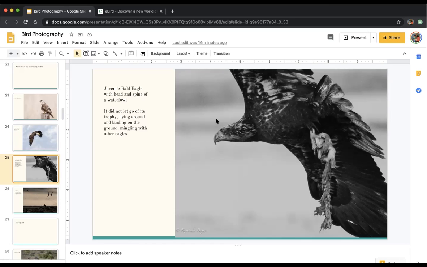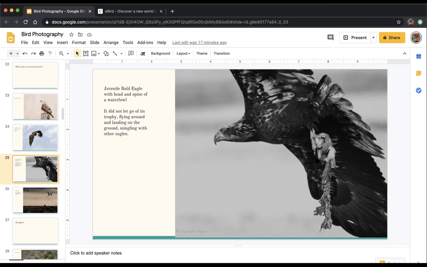Okay. So, and then this is a picture of a juvenile bald eagle. Not everybody might like seeing it, but when you go out and shoot pictures, you're going to see things like this. It is carrying the remains of prey, basically the skull and the spine of a waterfowl.